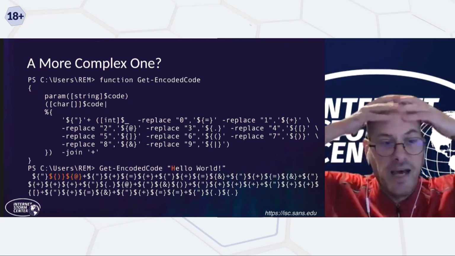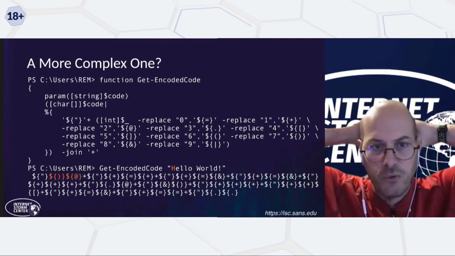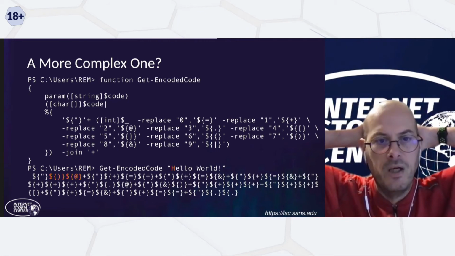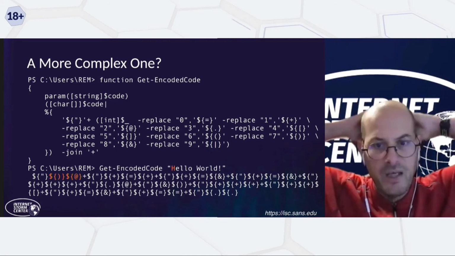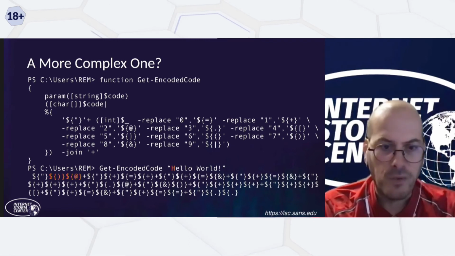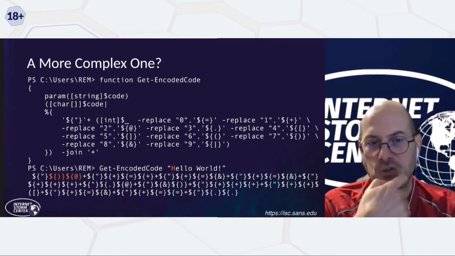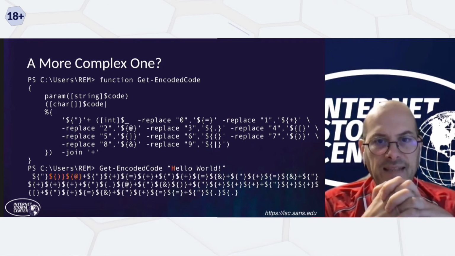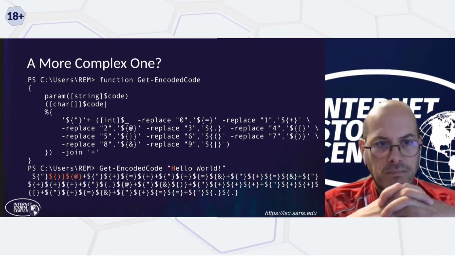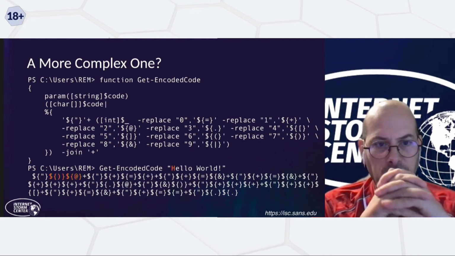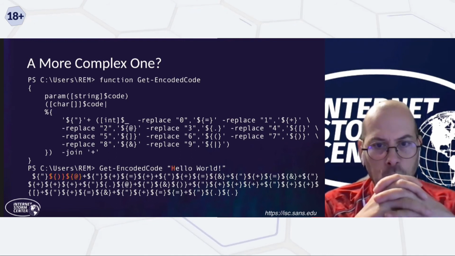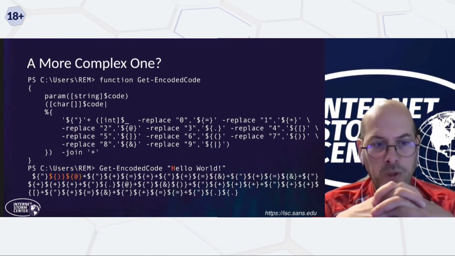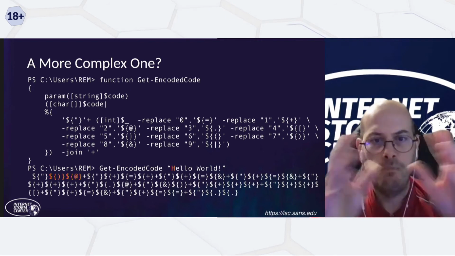Then a guy did a very, very nice research and tried to convert characters into some very specific strings. Let's have a look at the function GetEncoded on the top of the slides. You will see that this function will just replace. It's a bunch of replaces.